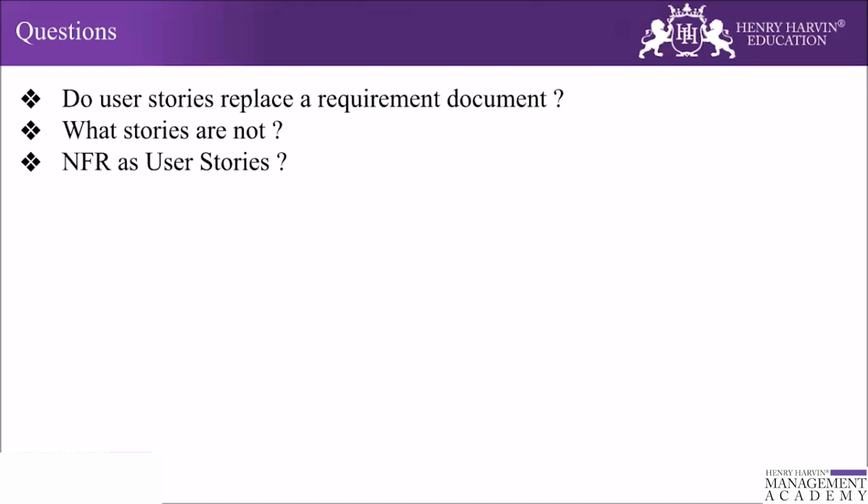So a good way to call a constraint is a non-functional requirement. For example, if I want to test my system for 1,000 or maybe 1 lakh concurrent users, I don't want to cover it as a part of my user story. But on the other hand, it is necessary to test the story for this performance testing.